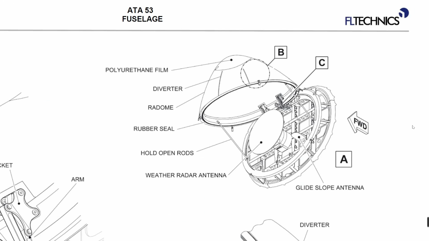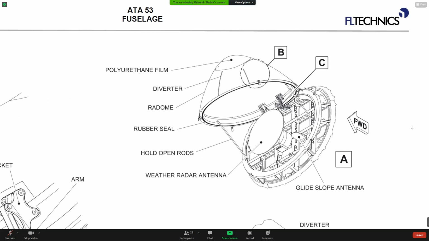So you can find these polyurethane films on the wing leading edges. You can find them on the vertical and horizontal stabilizer leading edges also. This is erosion protection.